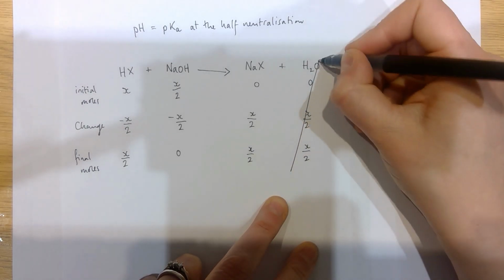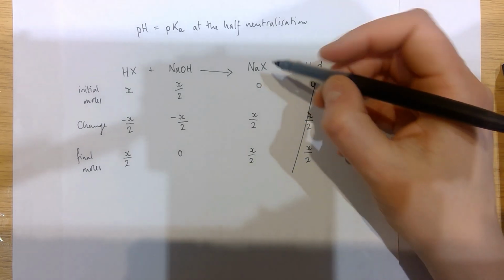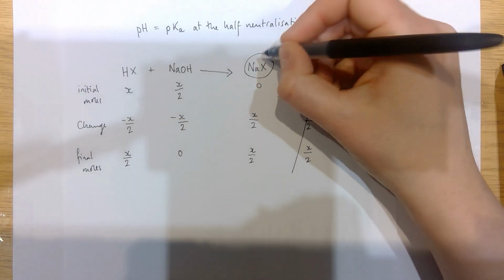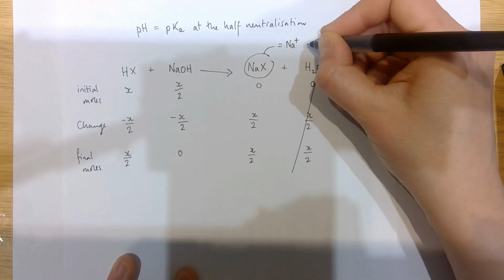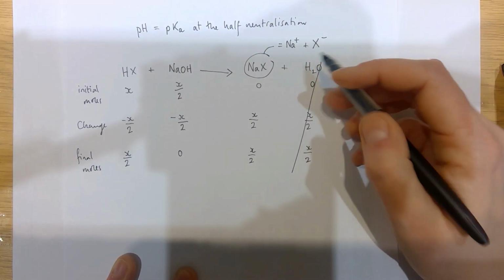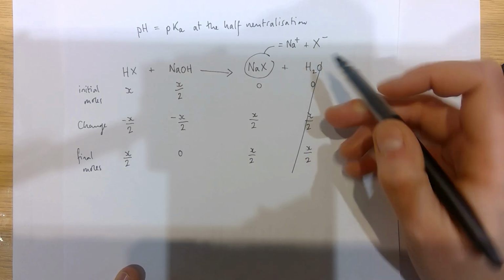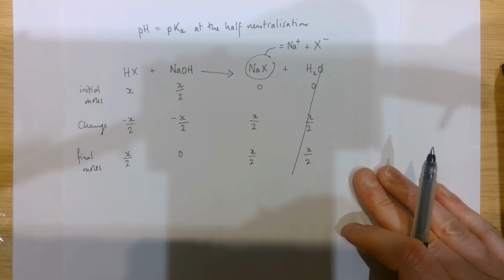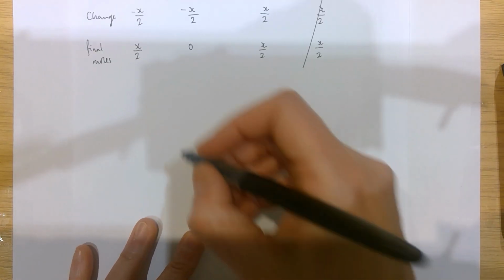Now this bit is not really relevant because water isn't involved in the Ka expression, but this is relevant because NaX is an ionic compound. So when it dissolves, it's Na plus ions and X minus ions, and of course the X minus does appear in your Ka expression.